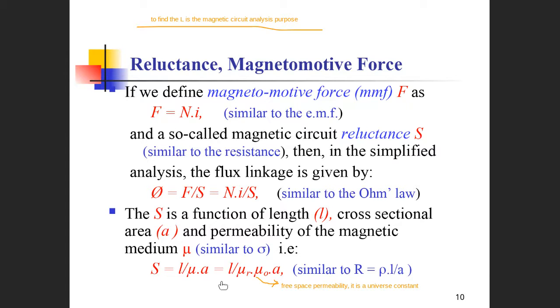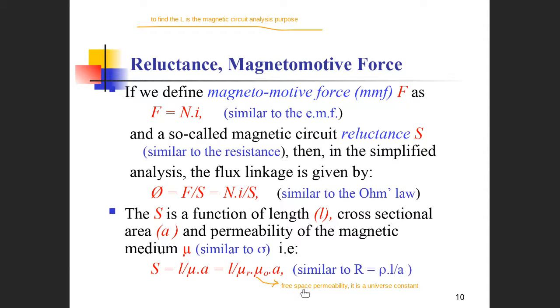Particularly for the reluctance, there is a special coefficient, that is mu, the permeability. Any material has a permeability larger than or equal to mu0.